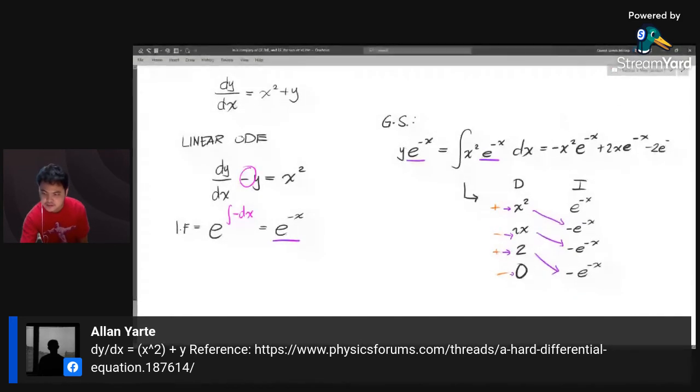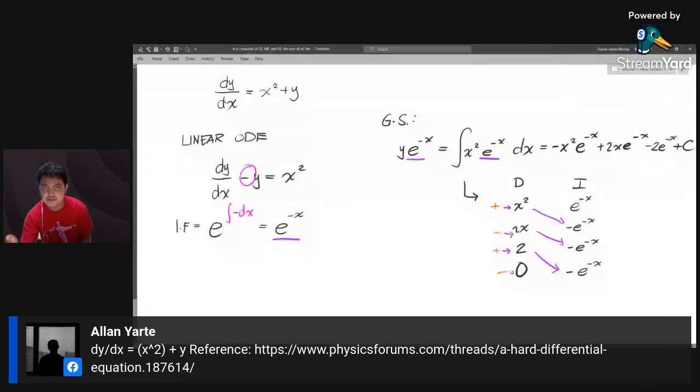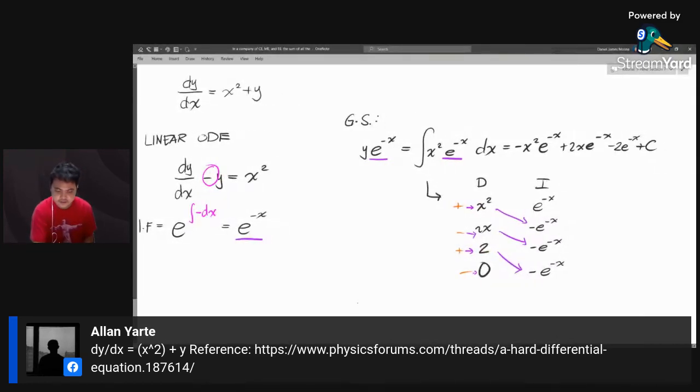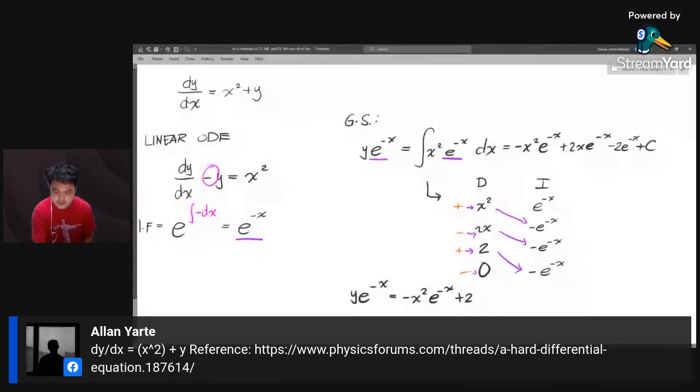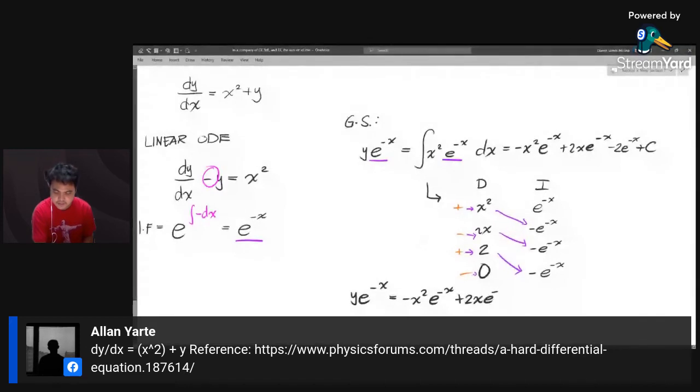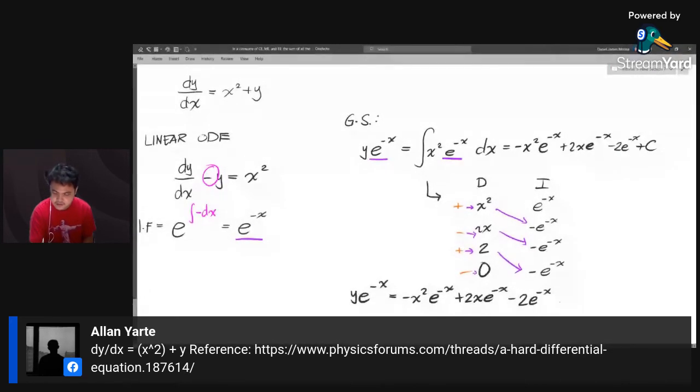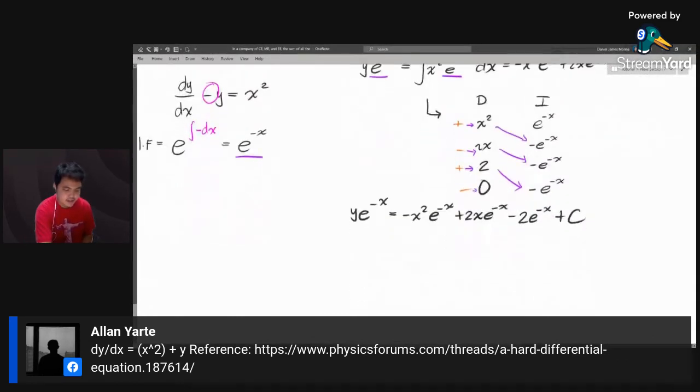Negative 2e raised to negative x plus c. Di ba? So our general solution will be y equals negative x squared e raised to negative x plus 2x e raised to negative x minus 2e raised to negative x plus c. Di ba? Ang daming e raised to negative x.